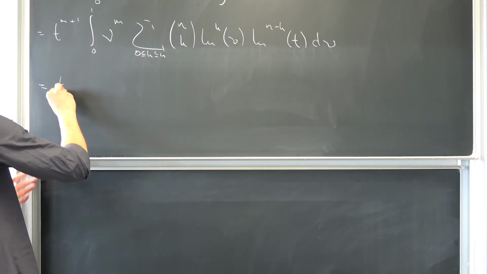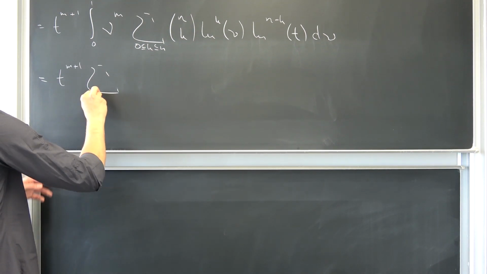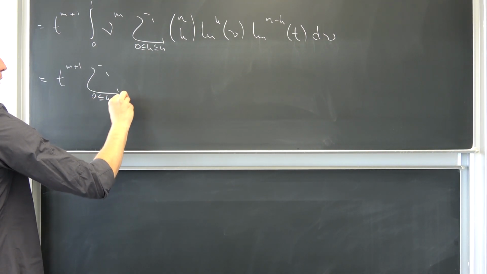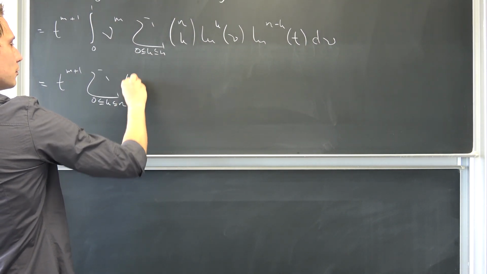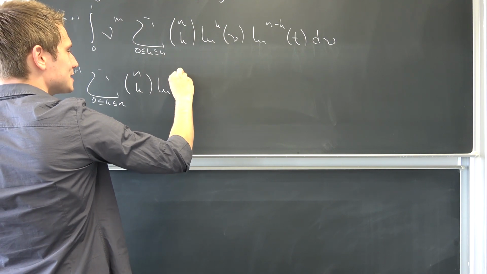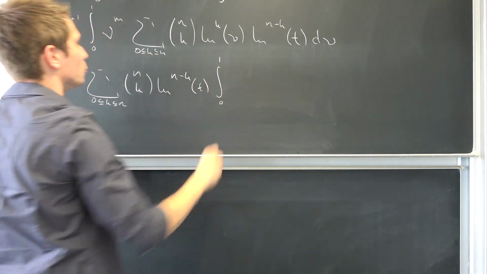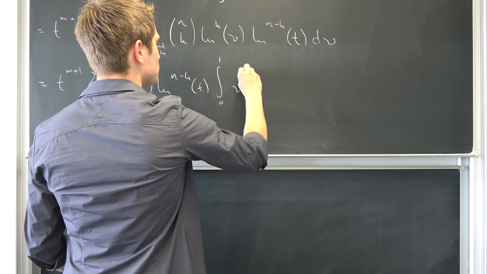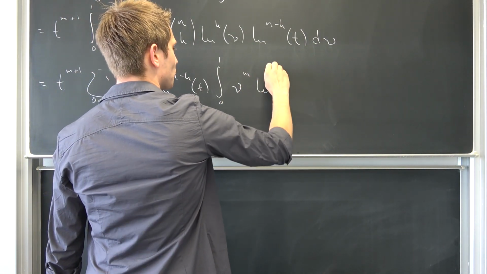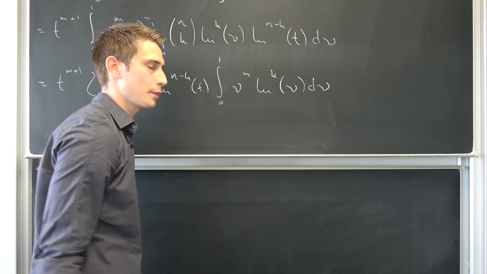We are going to be left with t to the m plus 1th power, and then we are going to have n choose k, the natural log to the n minus k of t, and then the integral from 0 to 1 of ν to the mth power, natural log to the kth power of ν dν.